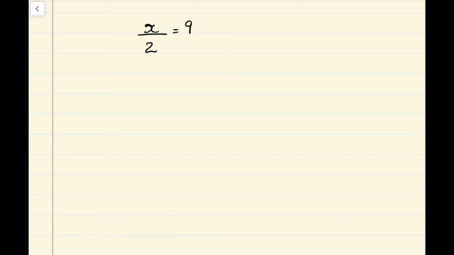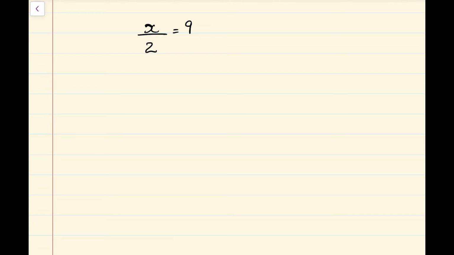In this case, the x is being divided by the 2. So we would just have to perform the opposite of division, which is multiplication. So what we're going to do is multiply this side of the equation by what we want to get rid of, which is 2.